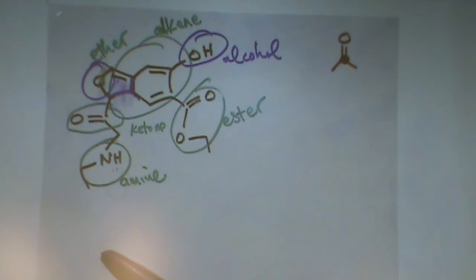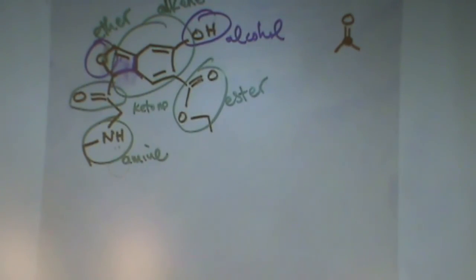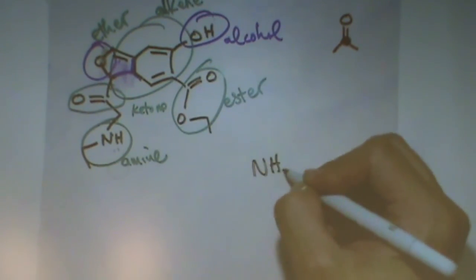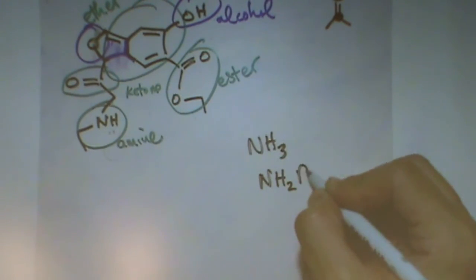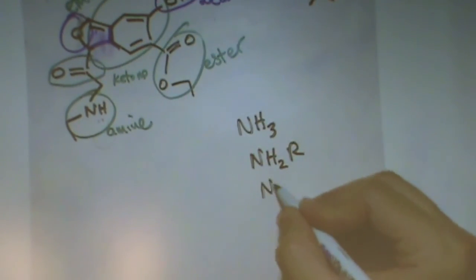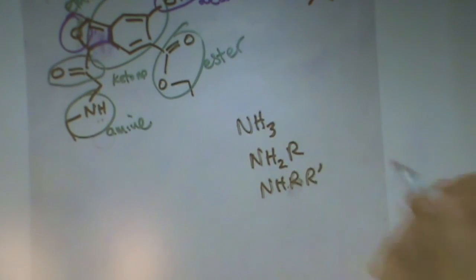Does an amine have to have 2 hydrogens? No, not necessarily. So an amine, well, this is ammonia. An amine could be this, or R prime, 2 R groups on it. That's an amine.